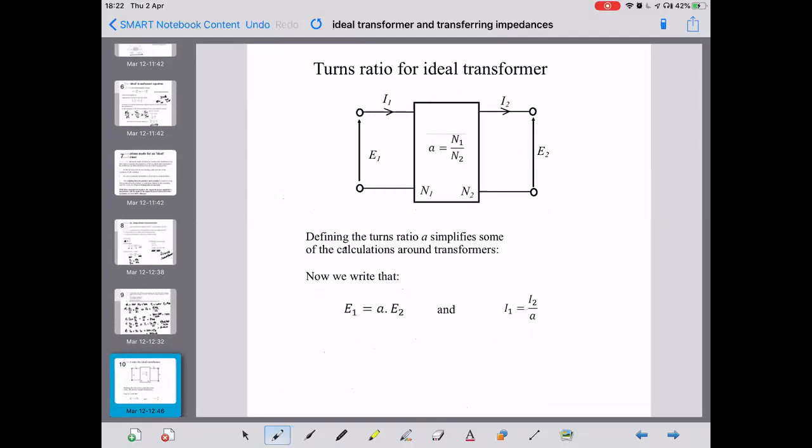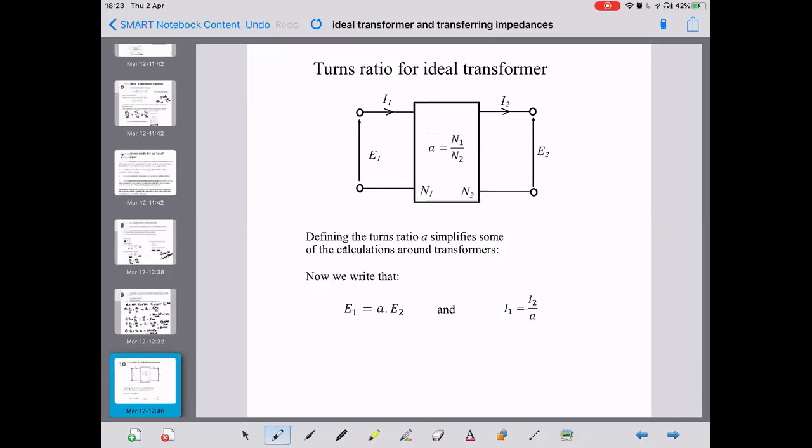All right. Turns ratio for an ideal transformer. Finding the turns ratio A simplifies some of the calculations around transformers. If we say that A is N1 over N2, we can rewrite that as E1 is A times E2, the transformer ratio times E2.